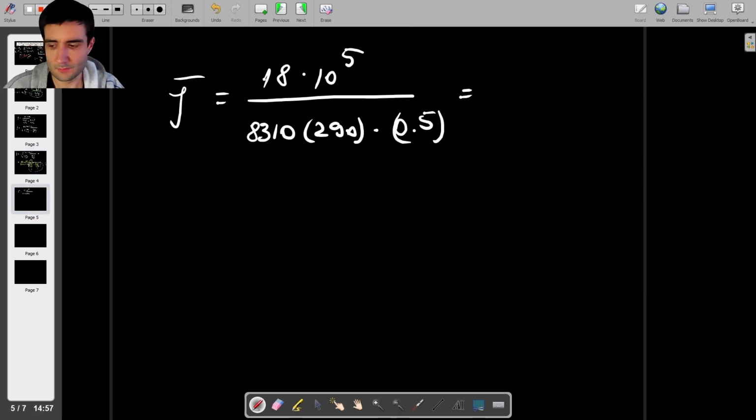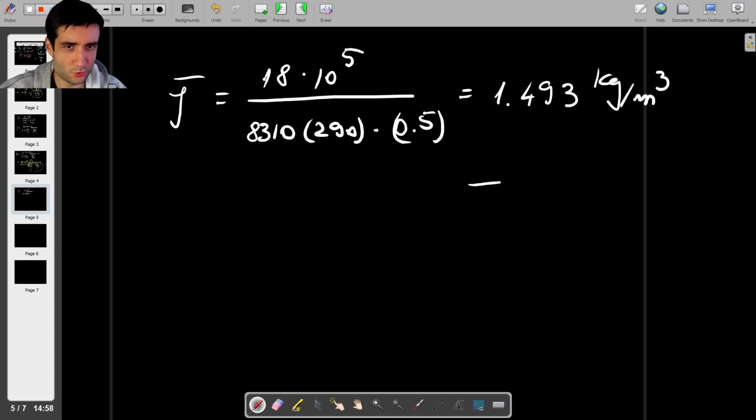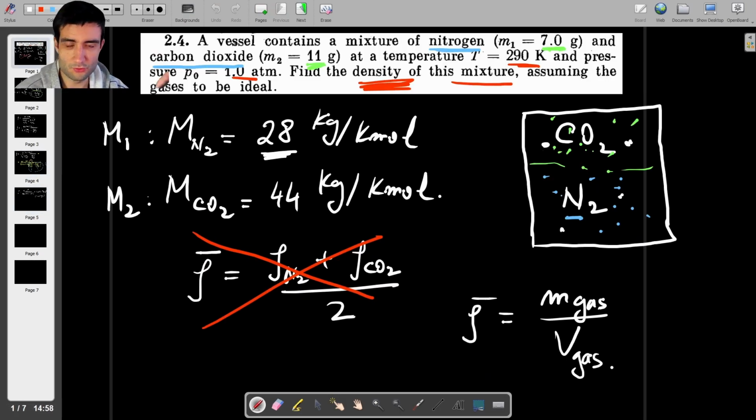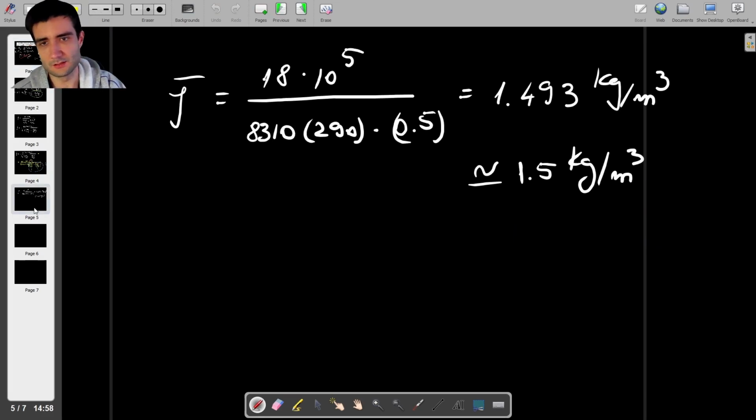Solving this fraction, I get something like 1.493 kilograms per meter cubed, or you can approximate this to 1.5 kg per meter cubed. So that's how you do this kind of question. You write the average density as the total mass over the total volume, and you will end up with this. And that's the end of the question.